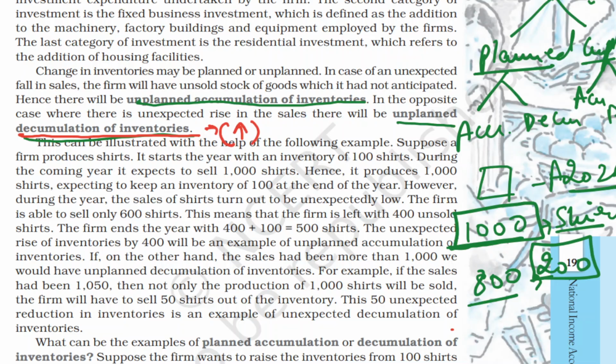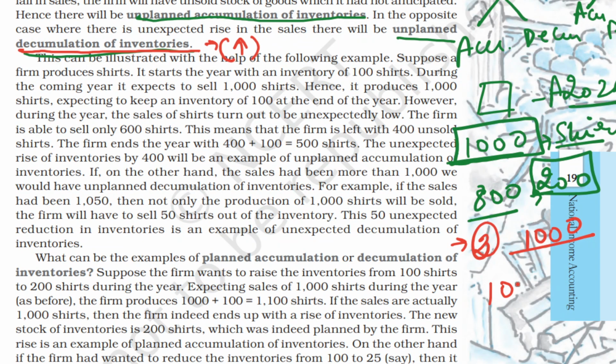Now take another scenario. You thought of selling 1,000 shirts, but due to some reason your sales increased and you were able to sell around, suppose, 1,050 shirts. Now where will these 50 shirts come from? Your inventory part, right? Now what happened, your 50 inventories got accumulated.